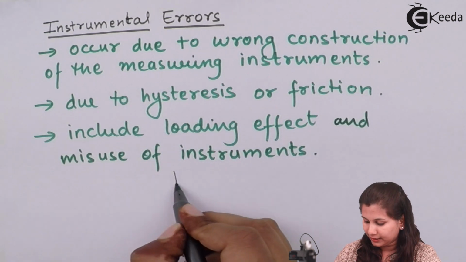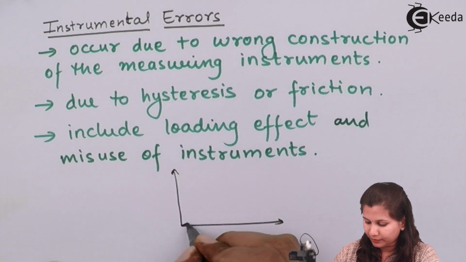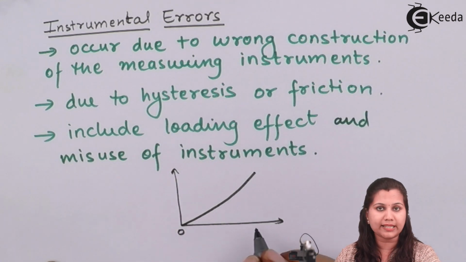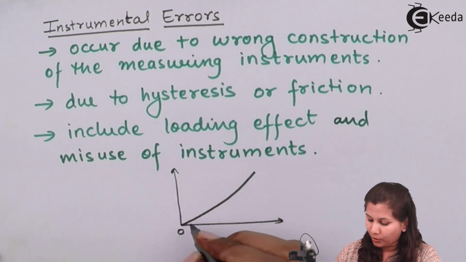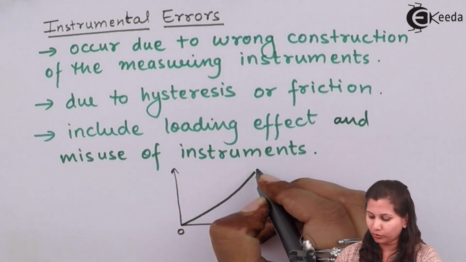Like, if this is the input, we are changing the input from 0 to the full scale of the instrument. Now as the input is increasing, the output is also increasing, you can see.